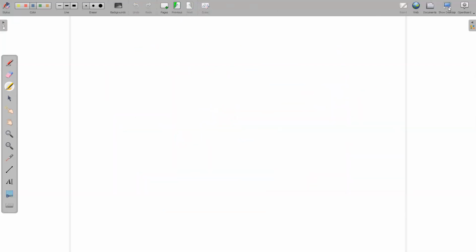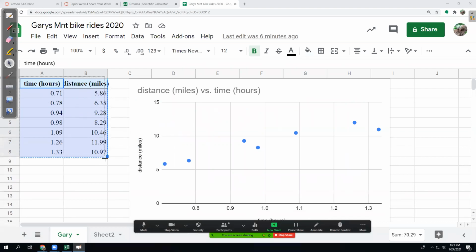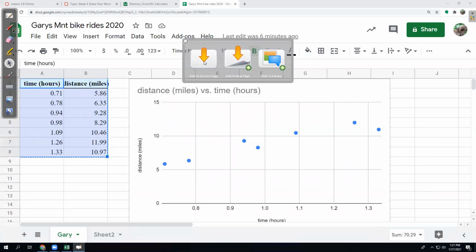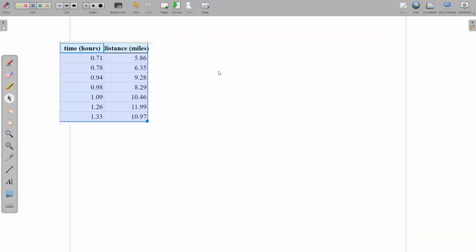Oops, my slides are out of order. So to do that, I need to then use the data. So let me screenshot this. New page. All right, so my last version of this, I decided that I was going to use the second point and the second to last point.